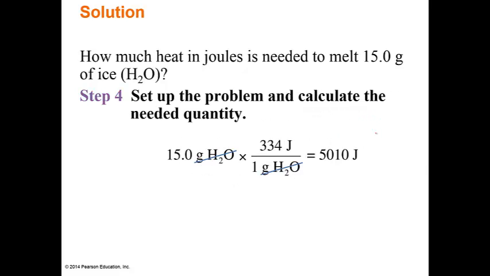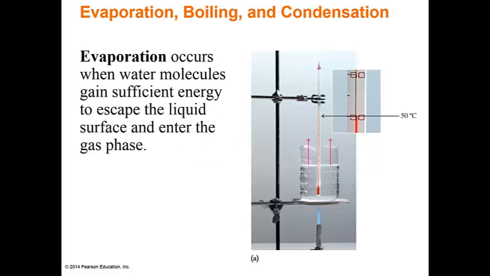So simply stated, 15 times 334 leaves us with 5,010 joules. That is how much heat energy is needed to melt 15 grams of ice. If it was 30 grams of ice, we'd multiply 30 by 334 and end up with 10,020 joules of heat needed to melt that ice. Pretty straightforward.